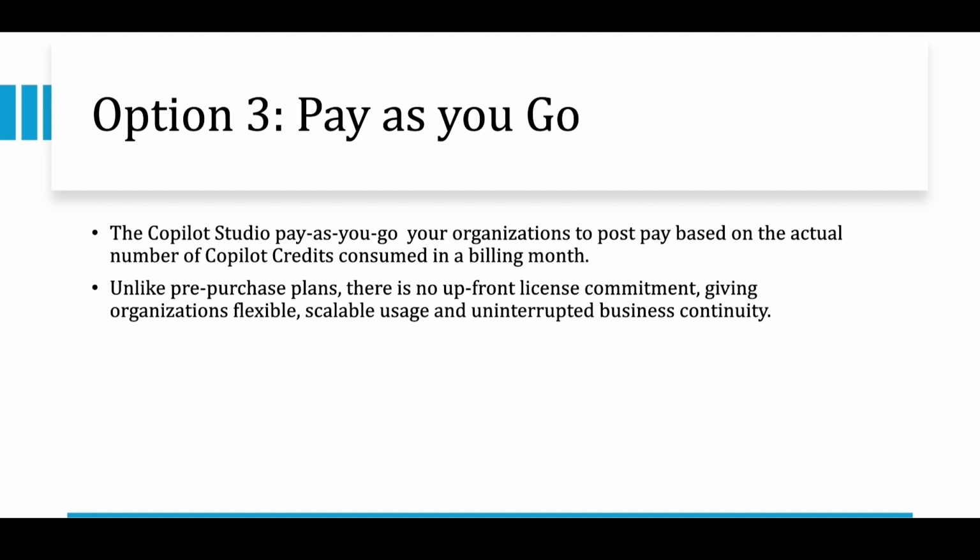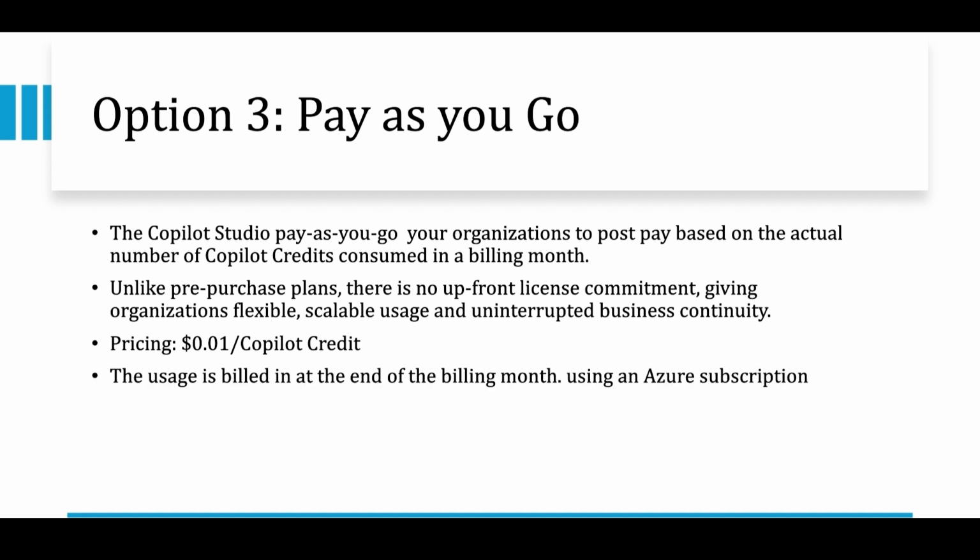This is the reason that even if you go for option 1 and 2, it is recommended by Microsoft to also buy option 3 along with the prepaid options to get uninterrupted business continuity. You have to pay 1 USD for 100 credits, which is equal to 1 CCU. The usage is billed at the end of the billing month using an Azure subscription.